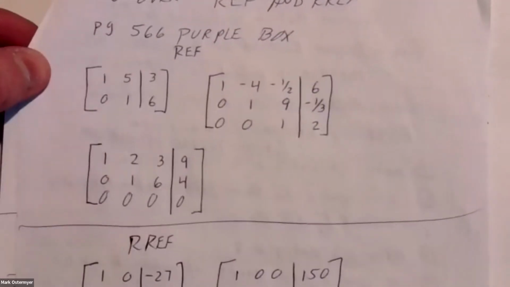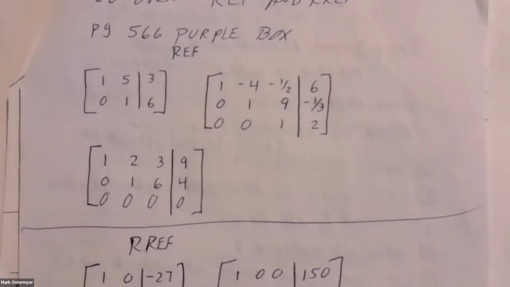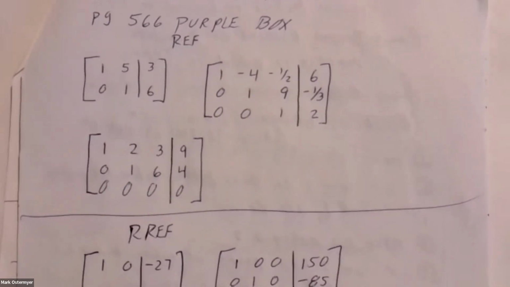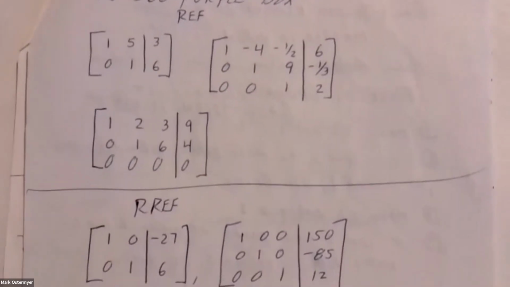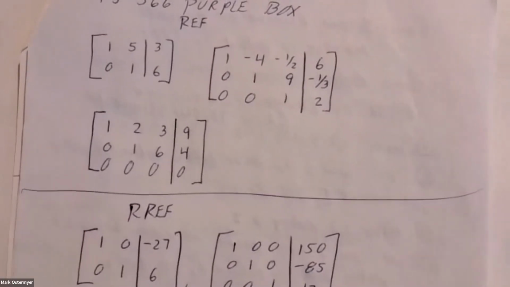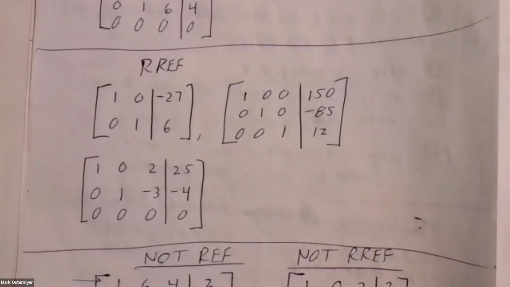These are all in row echelon form. And these matrices down here are in reduced row echelon form.